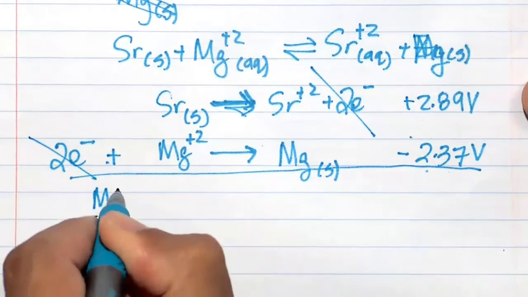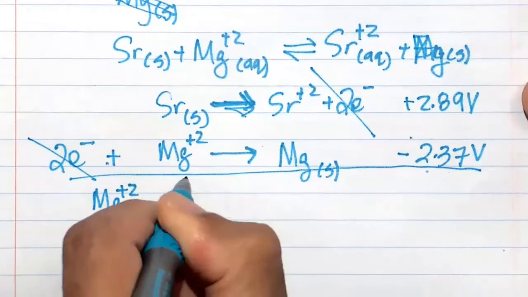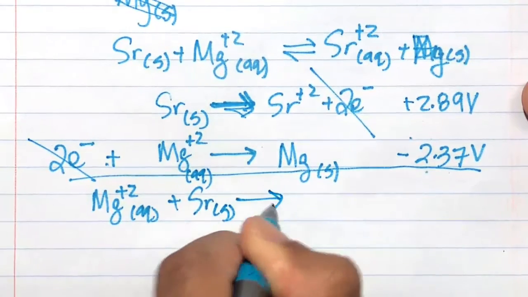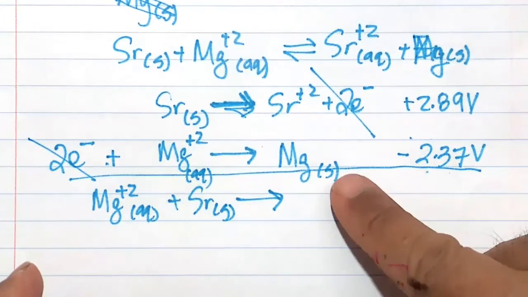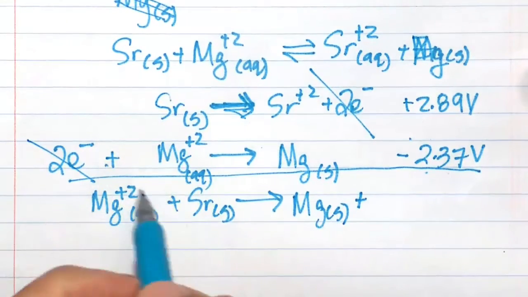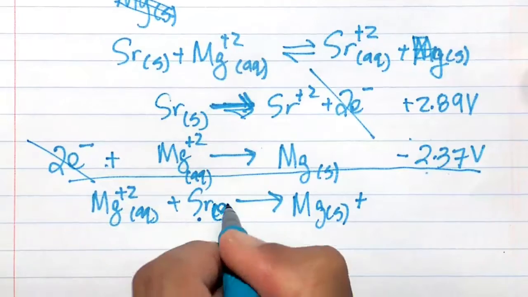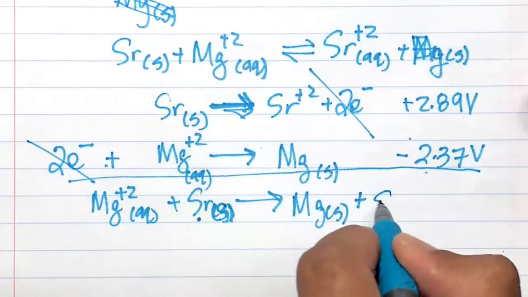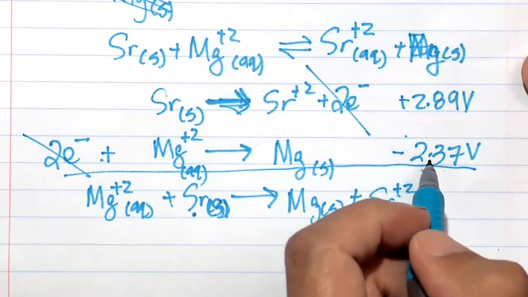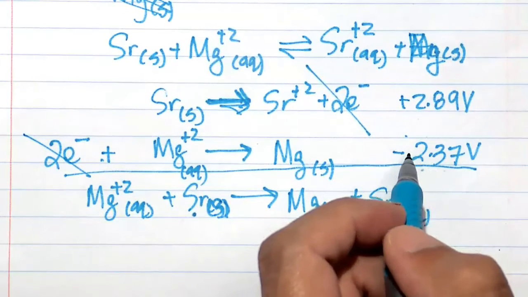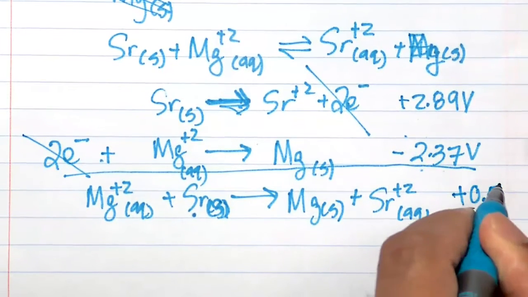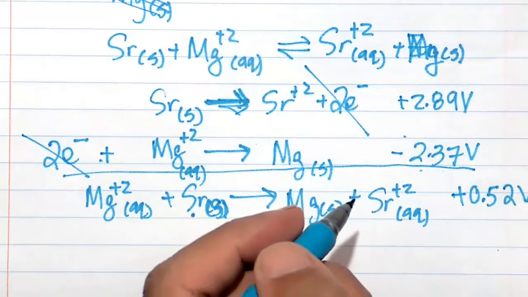We are left with Mg plus 2 aqueous plus strontium solid. Here magnesium plus 2 is getting reduced to magnesium solid, and strontium solid losing 2 electrons gets oxidized to strontium plus 2, and 2.89 minus 2.37 volts gives us positive 0.52 volts, and that should be our answer here.